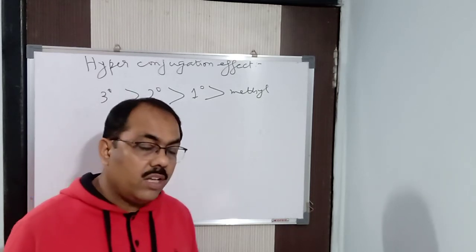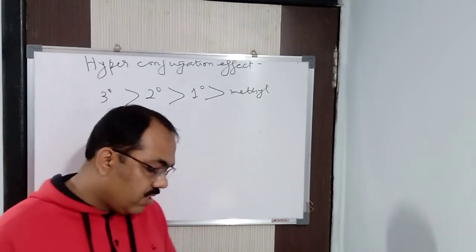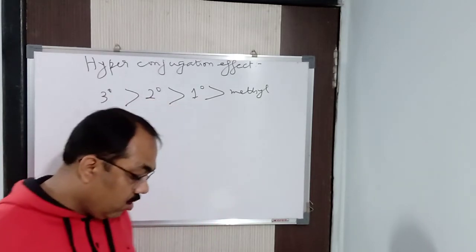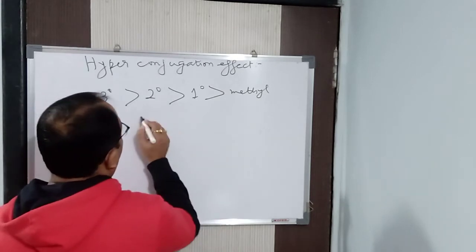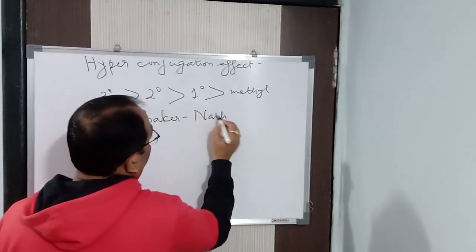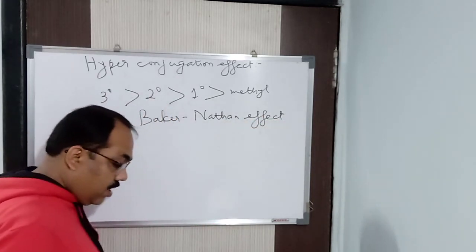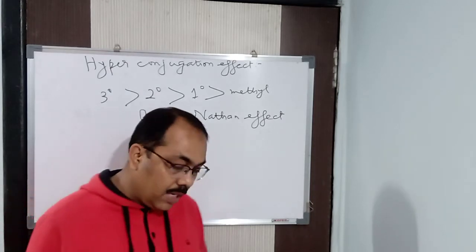This effect is called hyperconjugation effect, or Baker-Nathan effect.